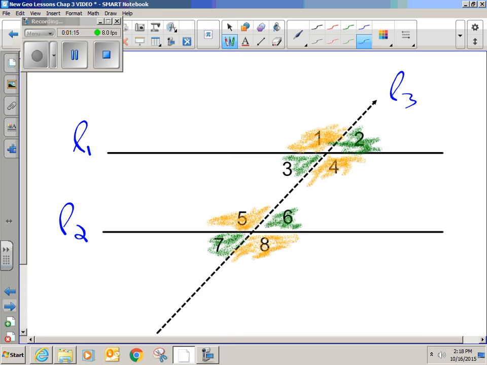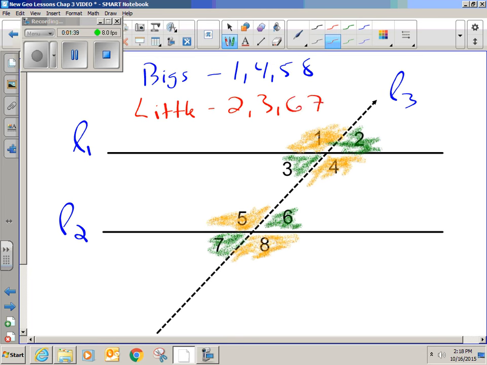One, two types of angles are created: bigs, which are numbers 1, 4, 5, and 8, all the yellow angles. And we get little angles, numbers 2, 3, 6, and 7. Okay? And those are all the little angles. Two types of angles are created.